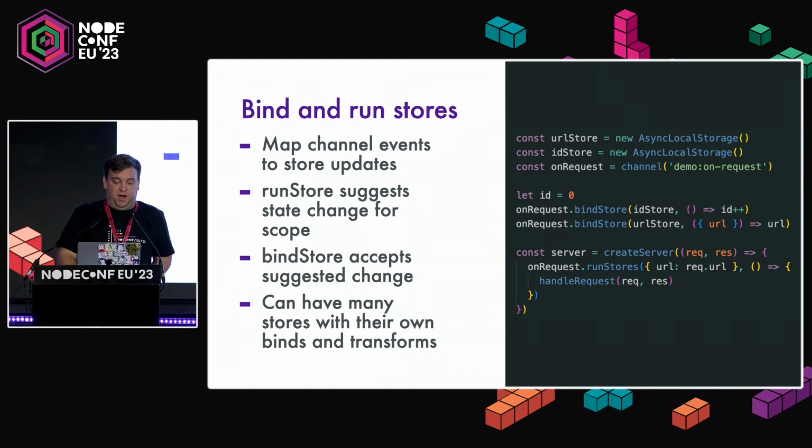You can bind any number of stores, and each store can make its own decisions on which events it actually wants to bind to, and how it wants to transform the events that come in. By default it will just take the event data and make that the store content directly. But if you use this transform function, you can receive that and then return your transformation of it.